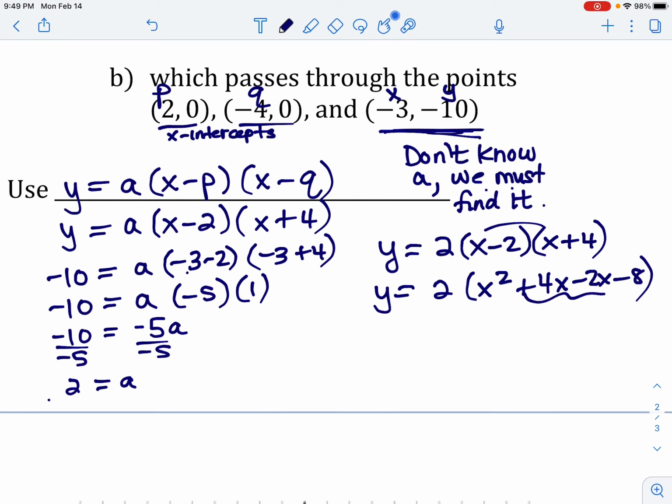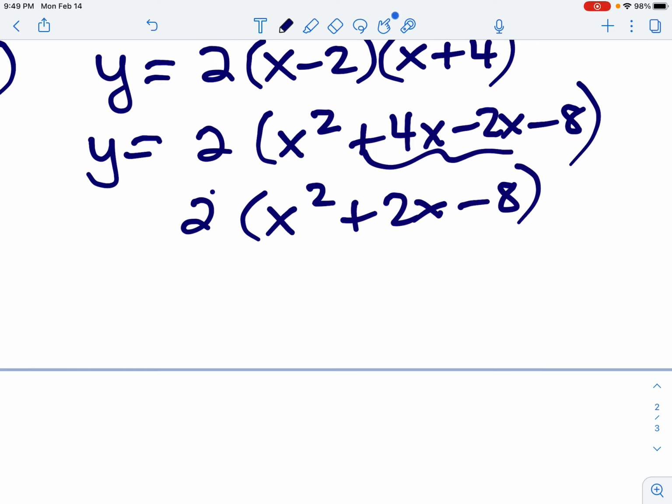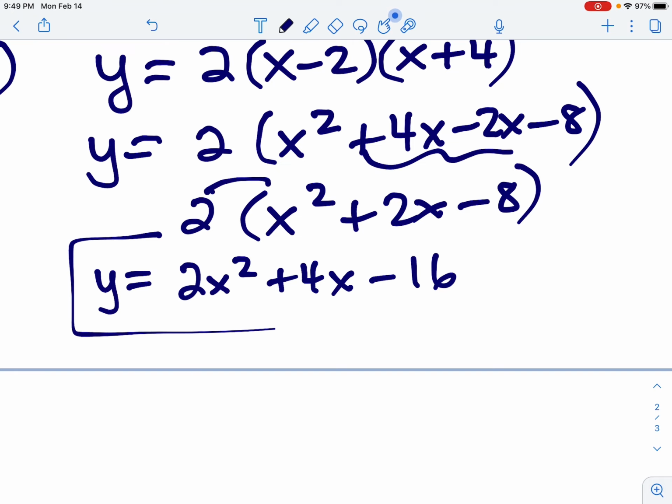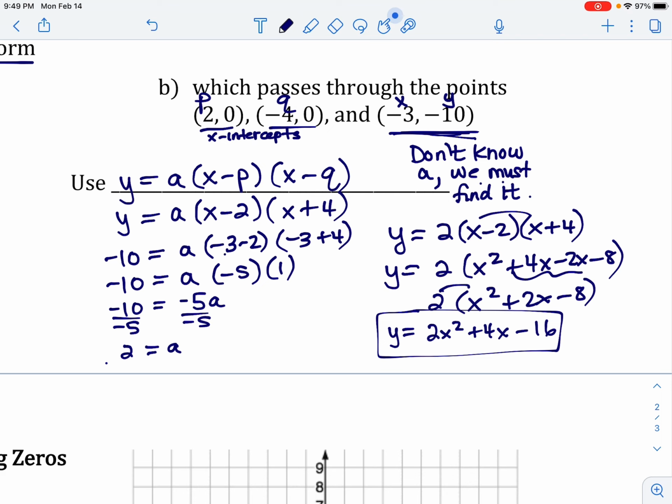Combine like terms: 2 times the quantity x squared plus 2x minus 8. To completely get it to standard form, I distribute the 2 to everything inside the parentheses. So my final answer for standard form is y equals 2x squared plus 4x minus 16. And there you have it. I converted that all from intercept form to standard form.